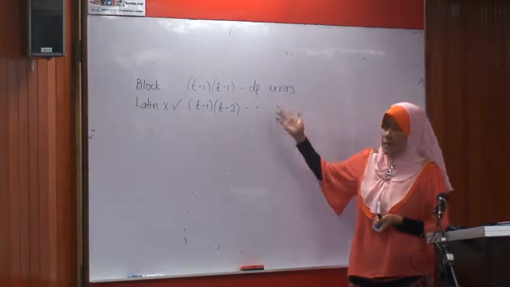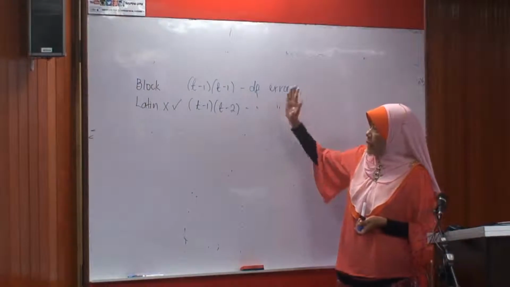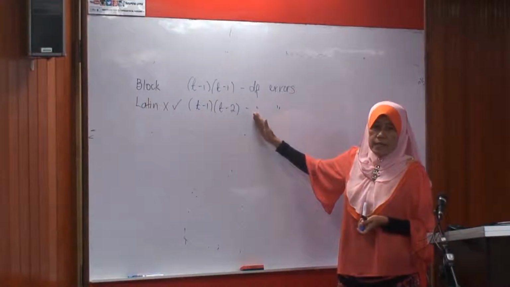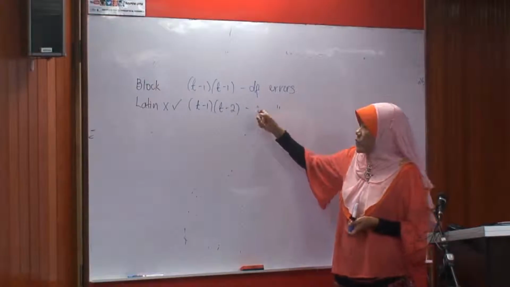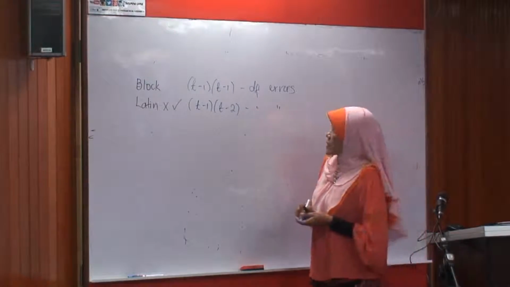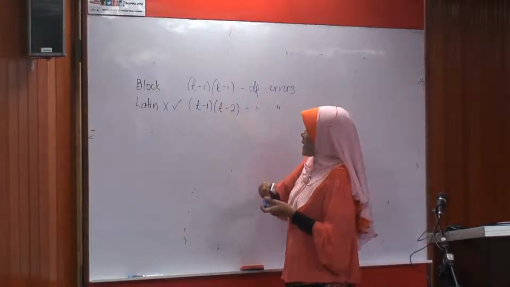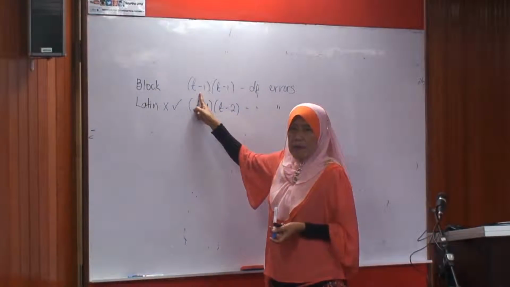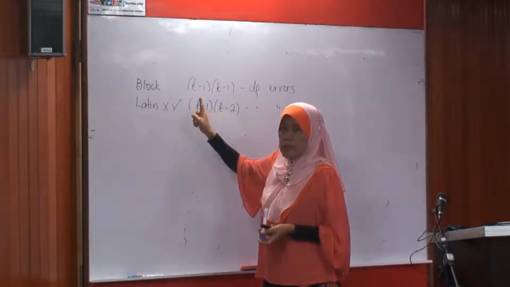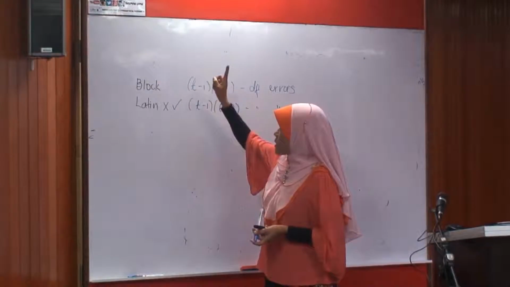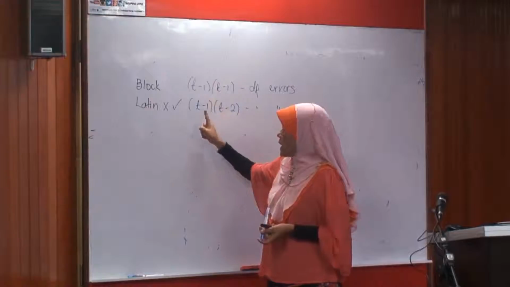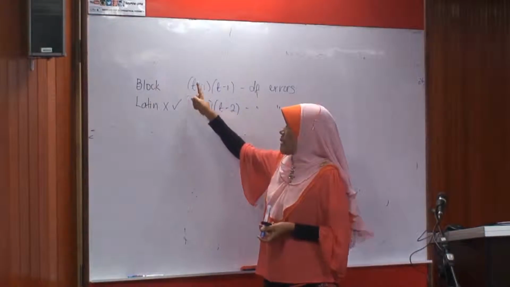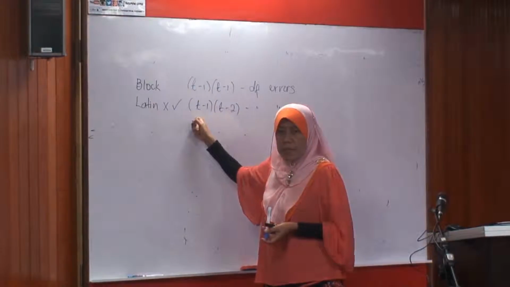If you use Latin square, which is not necessary, then we see how many degrees of freedom you have lost by using Latin square. Here you should use block, but you do not use block, you use Latin square. If you use block, which is necessary, the degrees of freedom of the error of block will be more than the degrees of freedom of the Latin square.